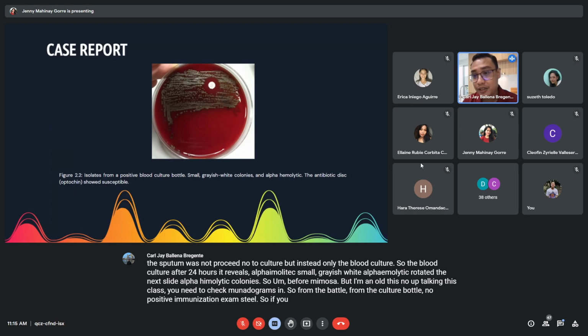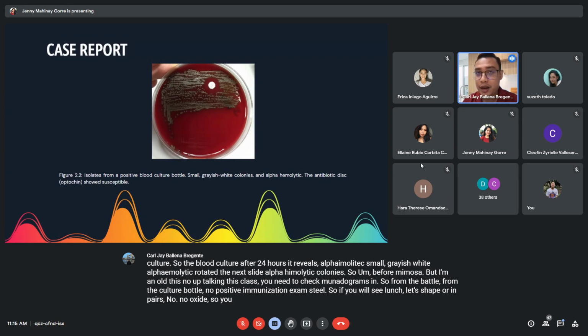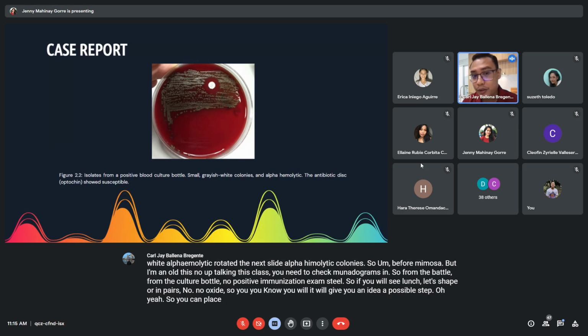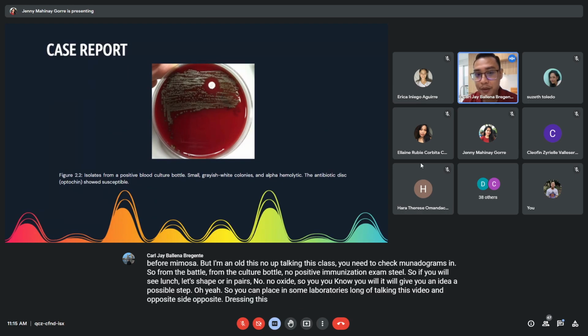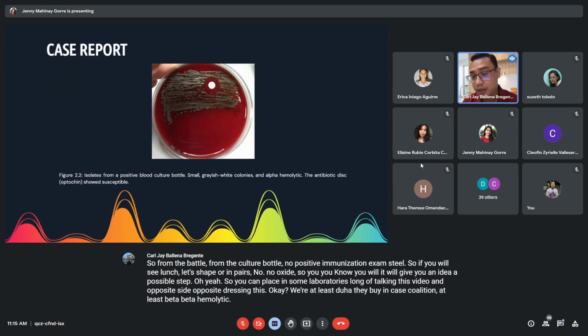If you see lanceolate-shaped cocci in pairs, it gives you an idea that it is possibly Streptococcus. In some laboratories, you can place a bacitracin disc on the opposite side, so at least you have two. In case it is not alpha hemolytic but beta hemolytic, the result of the patient is not delayed.